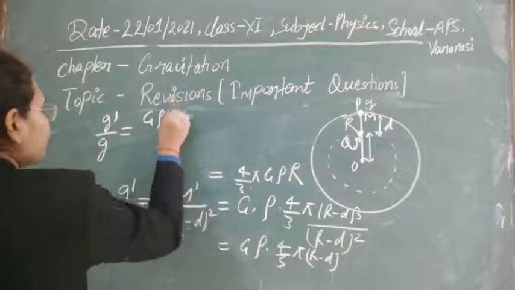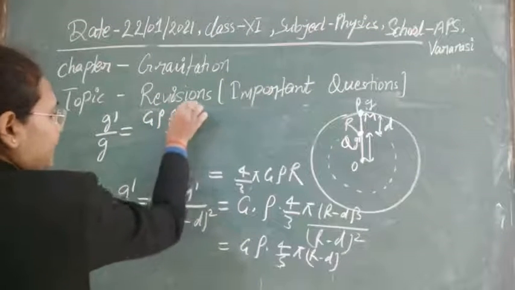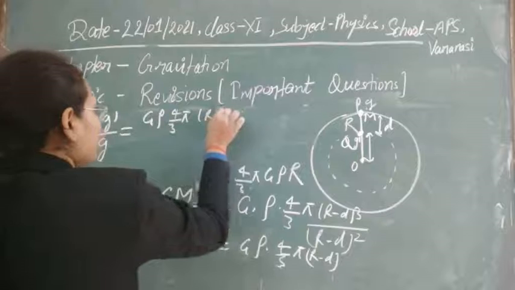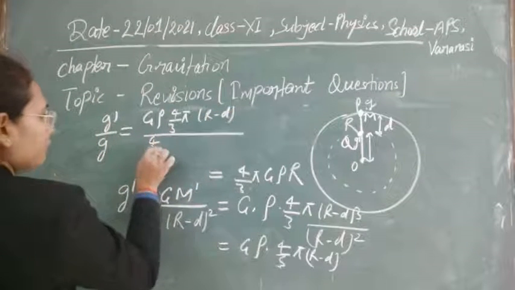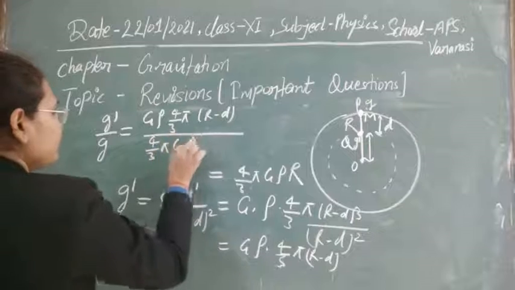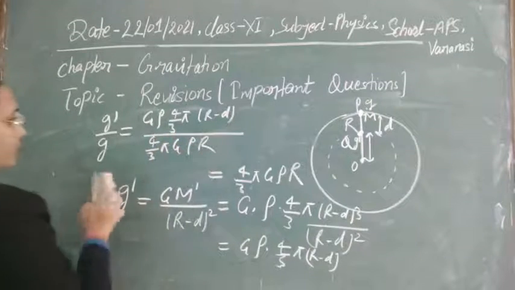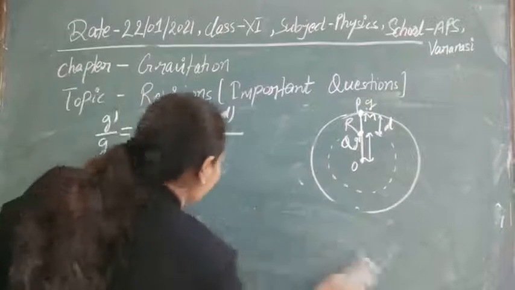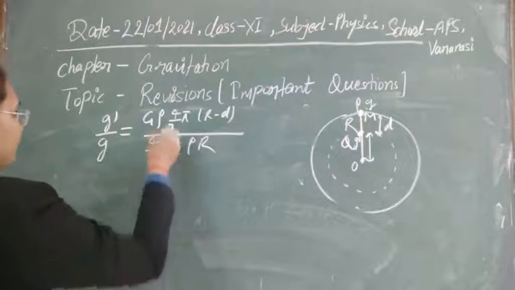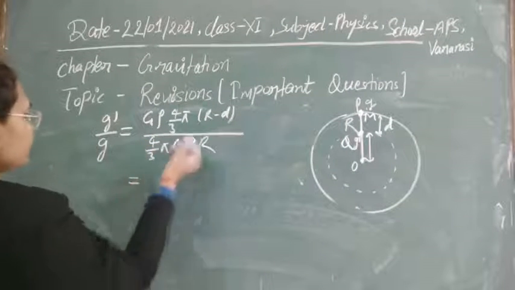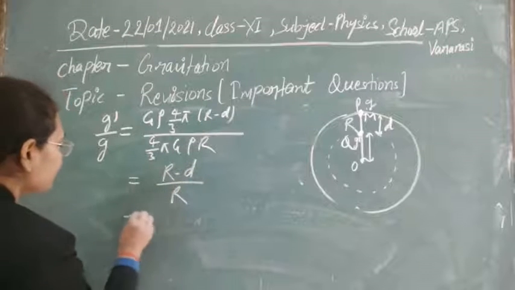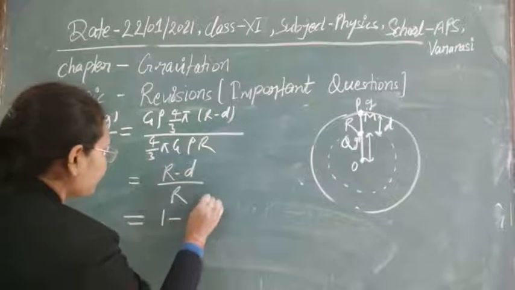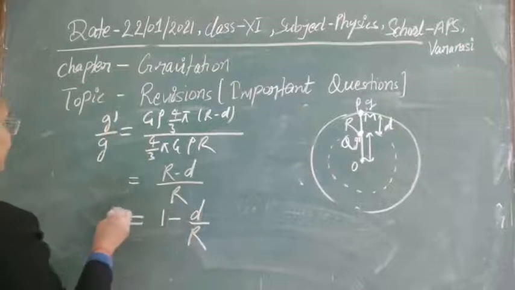This is rho, 4 by 3 pi G into R minus d upon the value of g we have 4 by 3 pi G rho into R. Let's solve it now. This whole thing will be cancelled out, only R minus d upon R will remain here, and after solution we can find out this is 1 minus d by R.